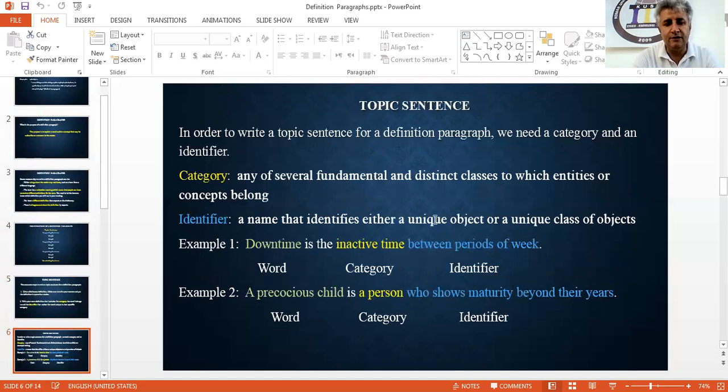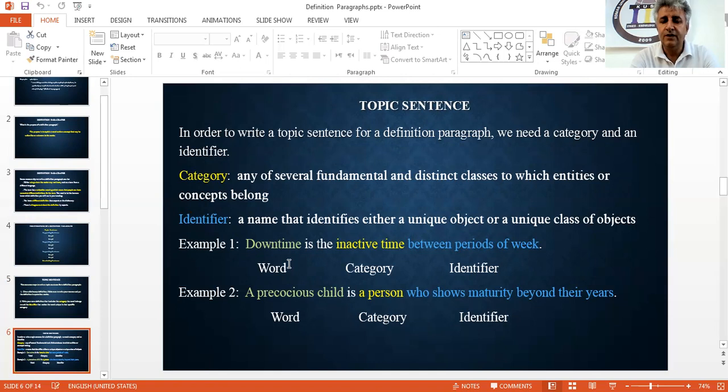If you look at these 2 examples, you will see what we mean by category and identifier. We want to define the word downtime. To which class does the word downtime belong? Actually, it belongs to time. So it is a kind of time, an inactive time.